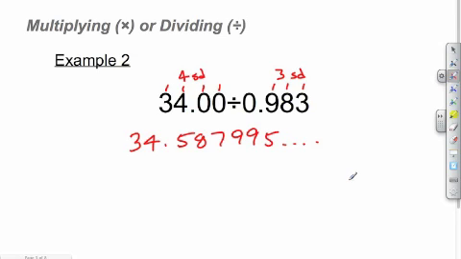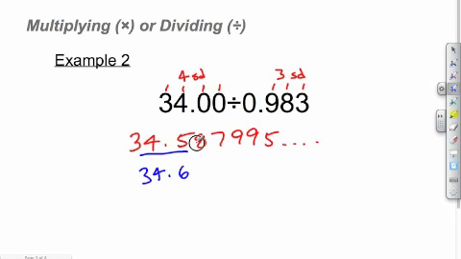Remember, this answer needs to be rounded to the value that had the fewest significant digits in my calculation. That would be 3 significant digits from the 0.983. So when I round this, I'm going to look at my first 3 significant digits. That's the 3, the 4, and the 5. This 8 is going to round that 5 up to 6.